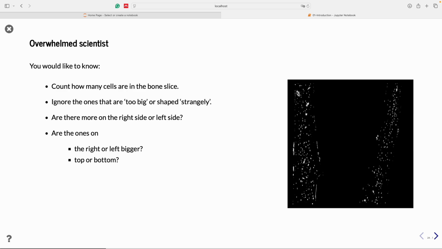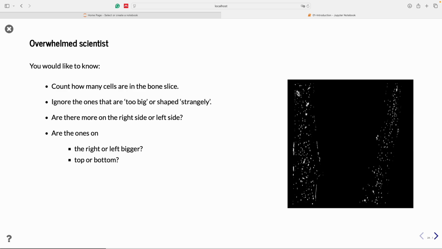There are some different questions you could ask here. So first of all, ignore the ones that are too big. That would be maybe this one and those. They don't have the right shape. They don't actually match the pattern. Probably it's just artifacts from the segmentation.